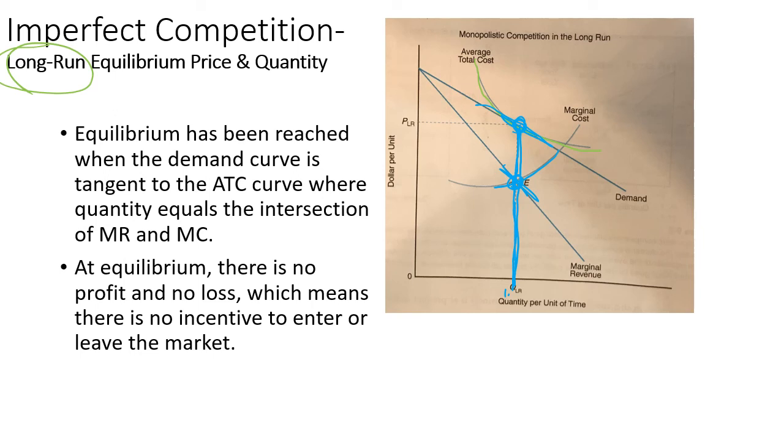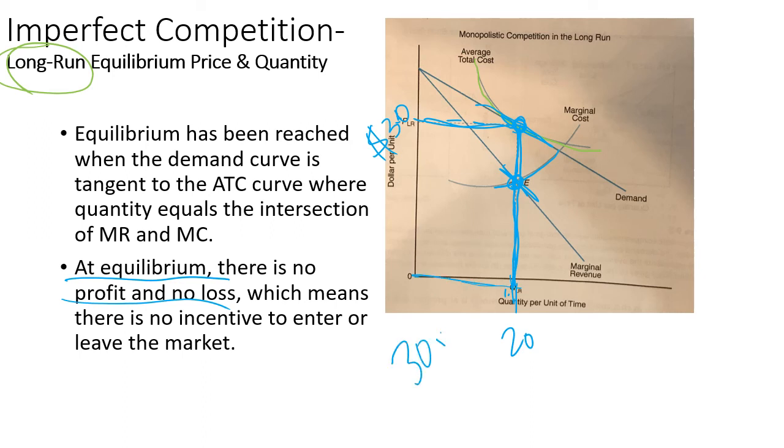Why this is true is because at long-term equilibrium, there would be no profit and no loss. Let's just say Q is 20 here, and our price is $30 here. So the price that we are receiving for the 20 units that we're producing is $30 apiece.